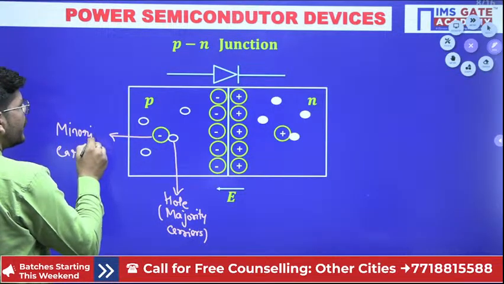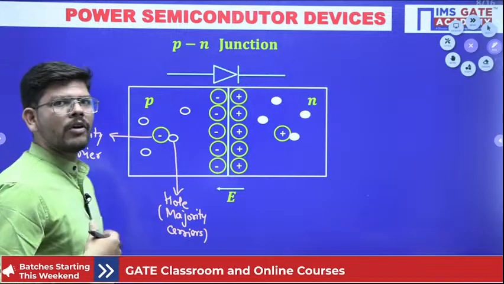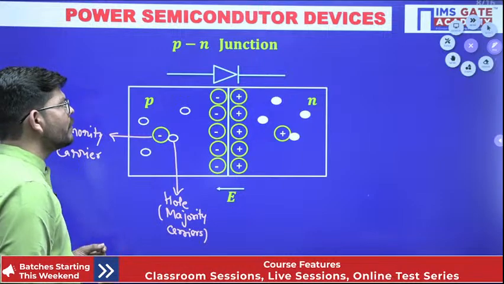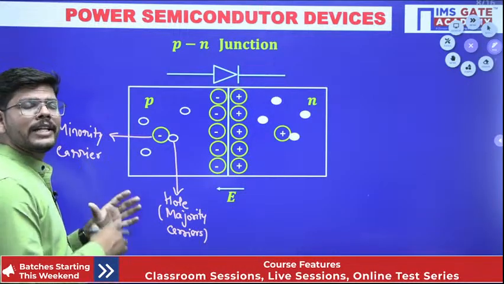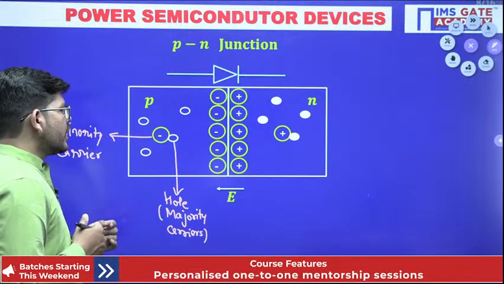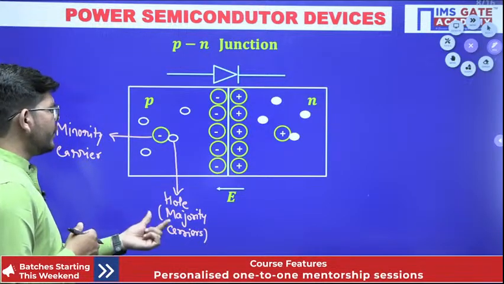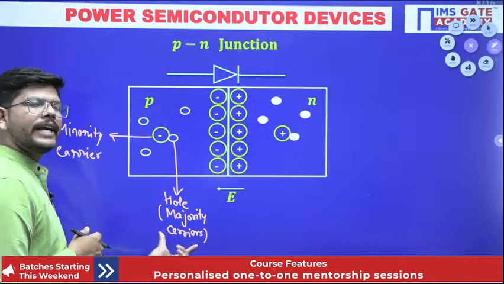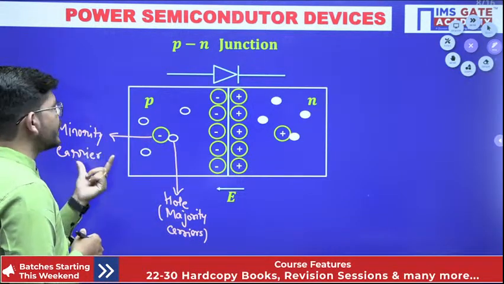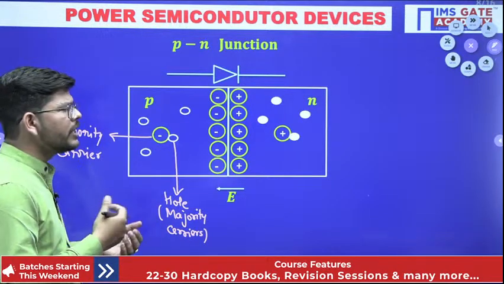They are not ready to move, so there is very rarely any movement. So in P type, holes are present in majority, the concentration of holes is very large, and every hole is a majority carrier because their number is so large, attached to acceptor ions which are immobile.